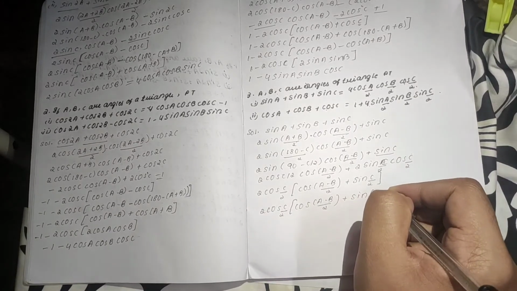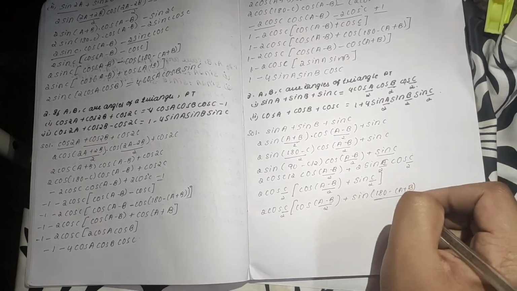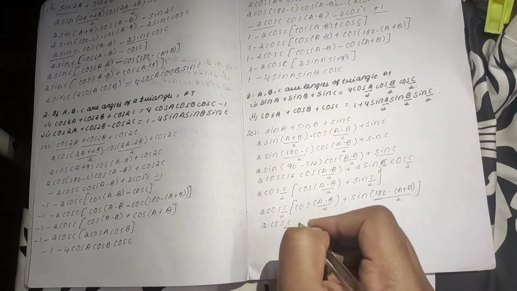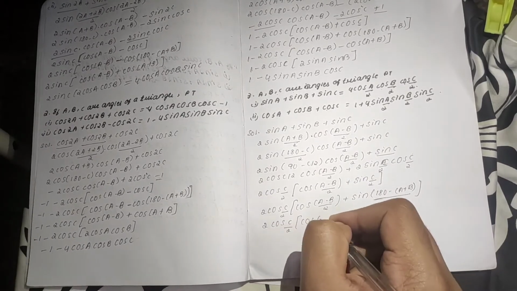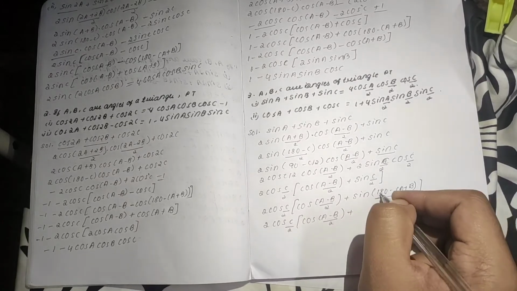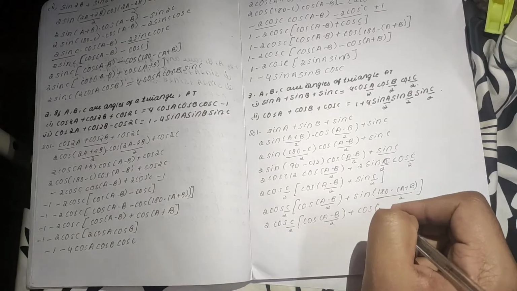This is (180 minus (A plus B))/2. So 2 cos C/2 into cos of (A minus B)/2 plus, this is sin of 90 minus theta, which is cos (A plus B)/2.